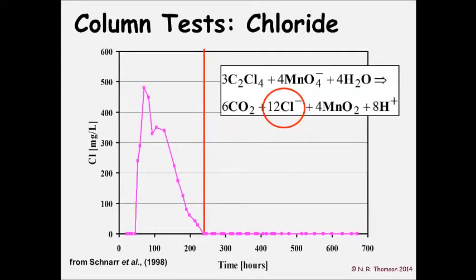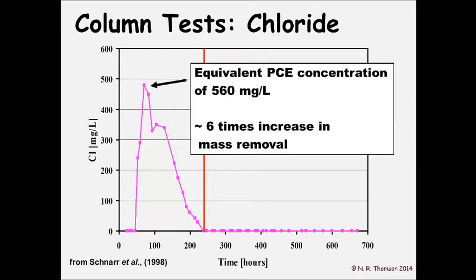We also measured the production of chloride, and based on that, we were able to back calculate the amount of PCE that we destroyed. Based on the stoichiometry, we estimated at the peak here that the mass removal was increased by a factor of 6. So just by the presence of the oxidant, we were able to increase the amount of NAPL destroyed by a factor of 6.